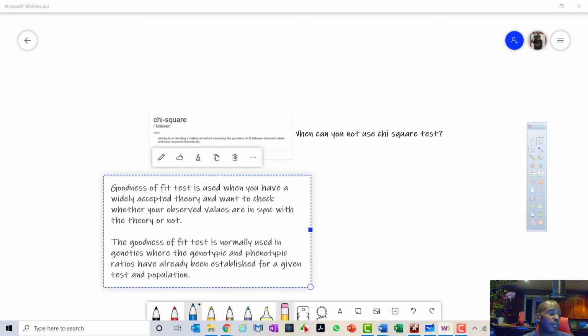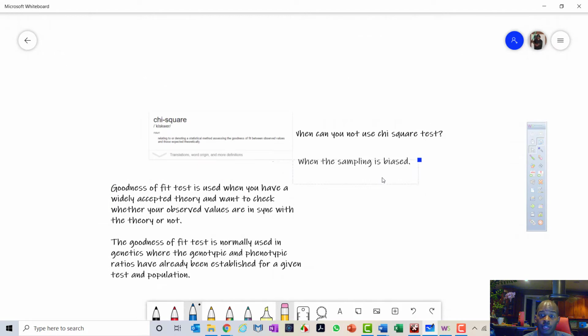Okay? So when you are running a test, there are several things that you need to know in order to determine if the Chi-Square test is allowed to be used. First, if your sampling is biased, meaning that you're going to pick black beetles because they're easier to see, or you're going to pick white beetles because they're tastier or something like that, you can't use the Chi-Square test.